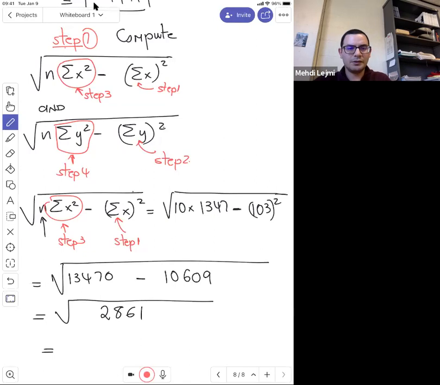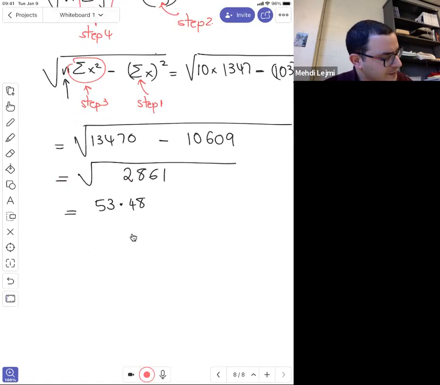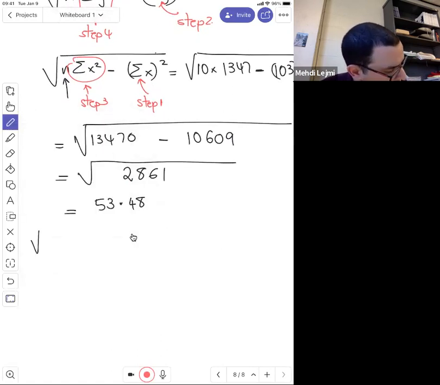The square root of 2,861 will be equal to 53.48. So what we computed here is the square root of n times the sum of the x squared minus the square of the sum of the x's, for the x's. This is 53.48.